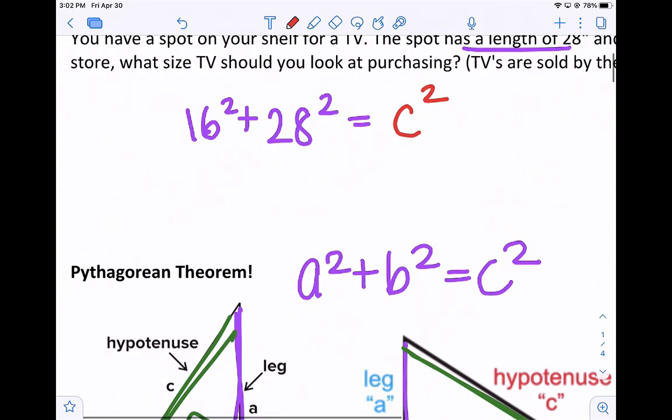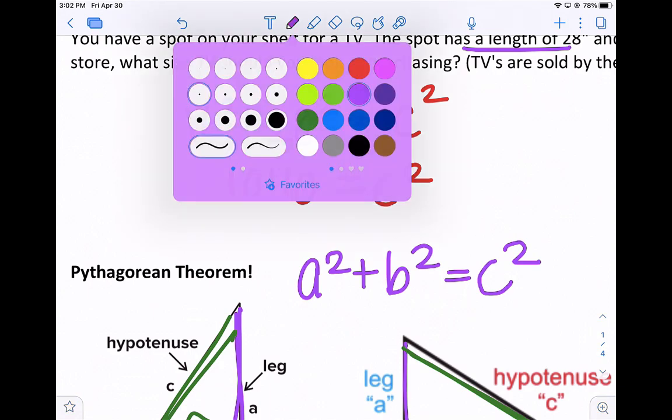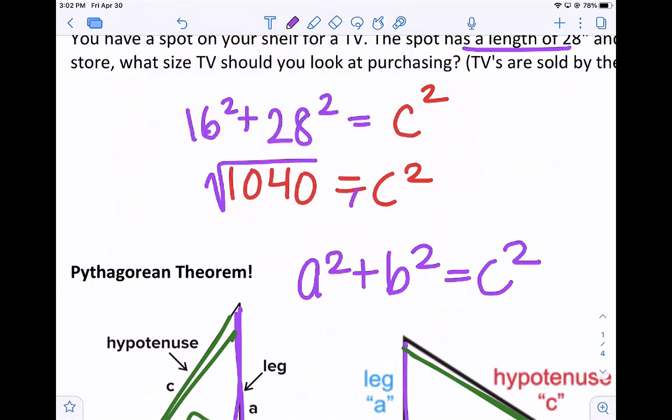And then we'll solve. I'll do 16 squared plus 28 squared. I'm going to add those together. And we'll get 1,040 equals c squared. And we just want c. We want to get rid of the squared. To get rid of a squared, we're going to square root each side.